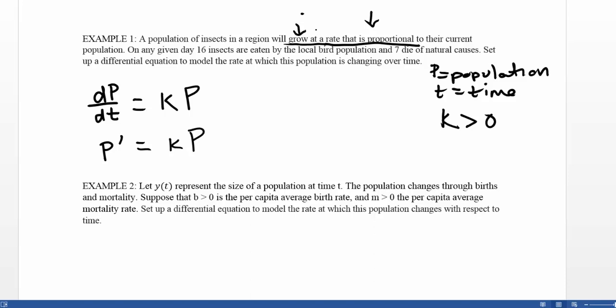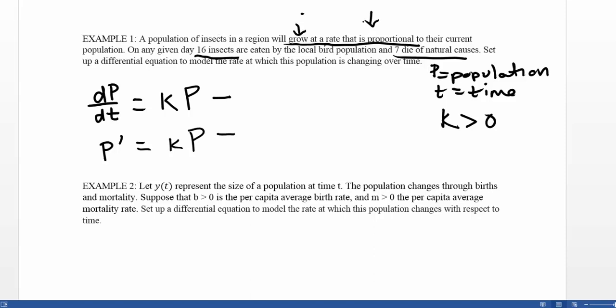Now, we also have this part where some of these insects are dying, right? We have 16 insects that are being eaten and 7 that die of natural causes. So even though we have this growth, K times P, we also have a loss. Now the loss is a strict number. It's not related to anything else. It's just the number that we lose every single day.